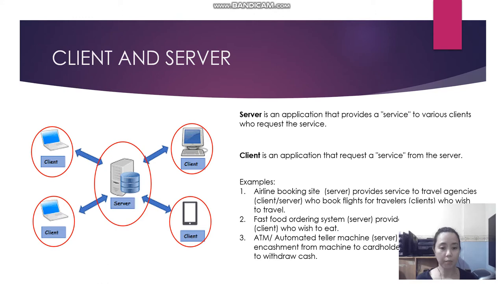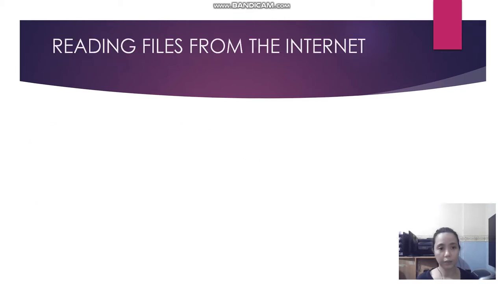Some examples are airline booking, which books flights for travelers who wish to travel, the fast food ordering system that takes the orders of clients who wish to eat, and the automated teller machine, or ATM, that serves clients who wish to withdraw their cash, where the clients are the cardholders.